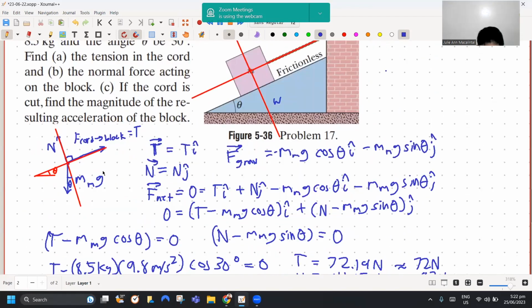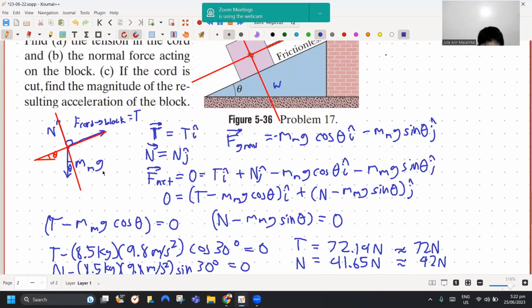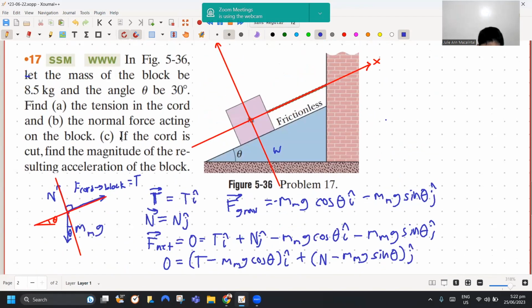So anong role ng tension dyan? Wala na po. Tinanggal na po siya. Hindi, kapag yung sa part A and B, anong role ng tension? Stopping the block from going along the x-axis po. Okay. Ano naman yung role ng normal force?